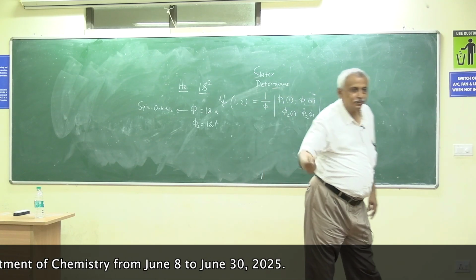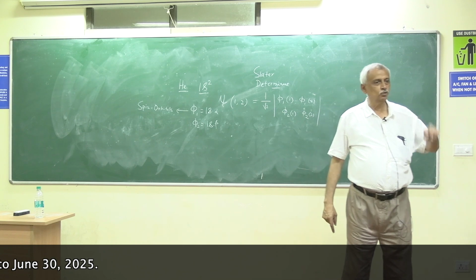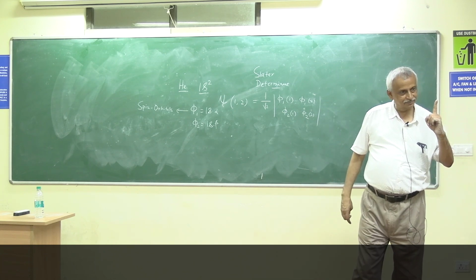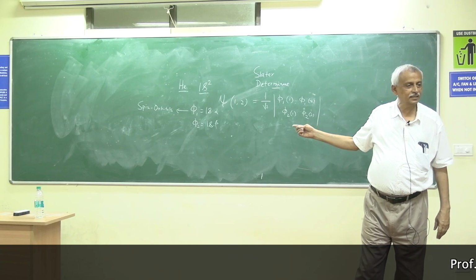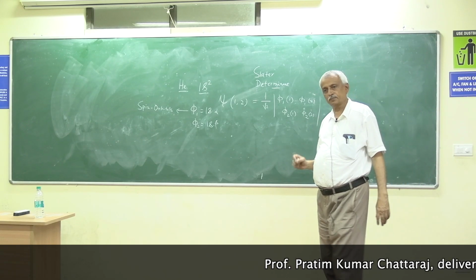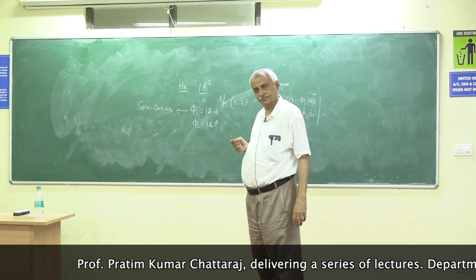There is another property of the determinant. What is that? If you change either the two rows or two columns, the determinant changes its sign. So that is your Pauli antisymmetry principle. So both Pauli's exclusion principle and Pauli's antisymmetry principle, they are satisfied by this Slater determinant.